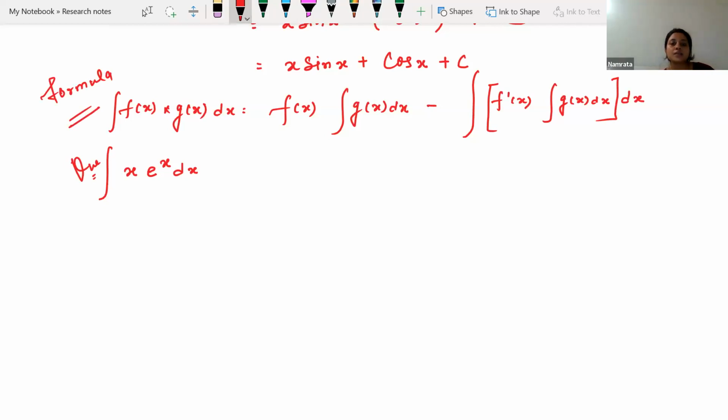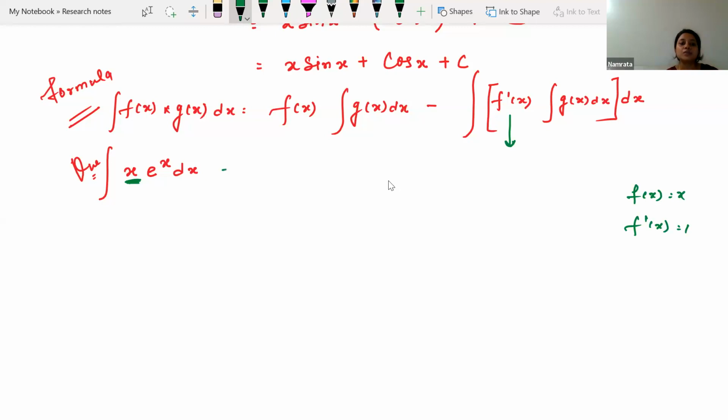So it says first function, as I said to you, how you will decide which one is first function and which one is second function. Whenever you are having x, you know that derivative of x is 1. If we take f of x as the first function, that is x, then f dash x will become 1, and that will help us to simplify this integration.